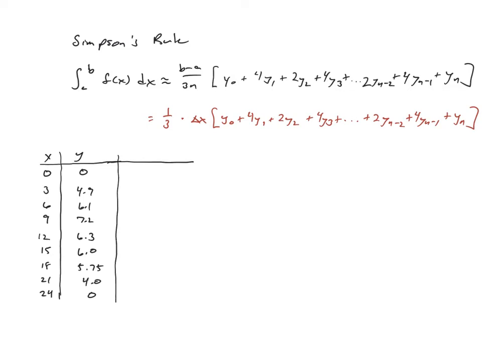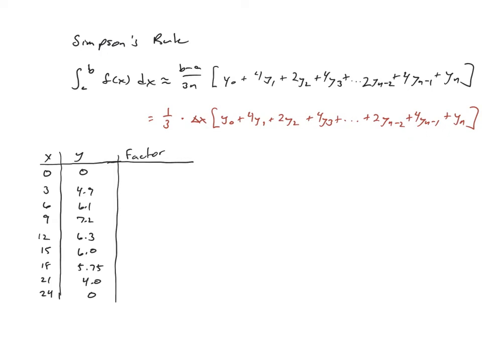I have that same idea, the factor that we did before. But this time, my factors start at 1, and then they alternate 4, 2, 4, 2, all the way down, and then it'll be 4 and then 1.